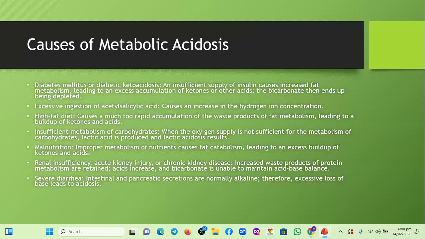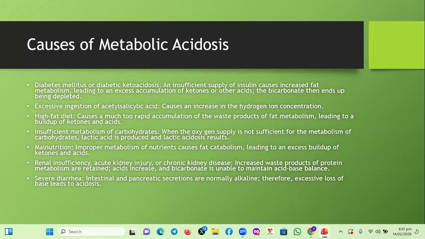And so when someone experiences severe diarrhea, the person tends to bring out more of the fluids within the intestinal tract, and the pancreatic secretions tend to be lost. And these are mostly alkaline in nature. And so it causes the body to be more acidic.